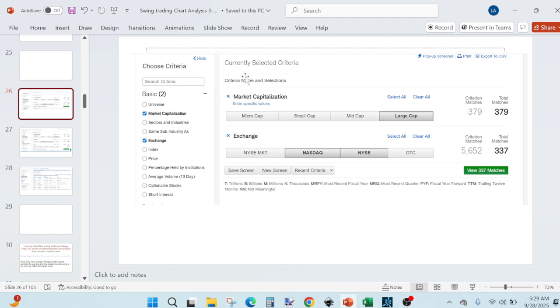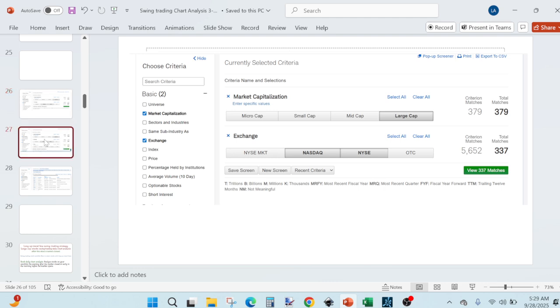So when you do that, you'll have a page similar to this, and I like to click on basic and select market capitalization and exchange. Within market capitalization, you will select large cap and New York Stock Exchange and NASDAQ. By doing so, we narrow down the pool to 337.